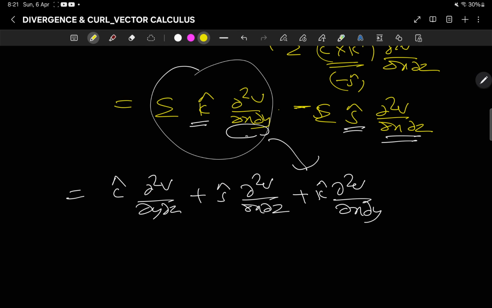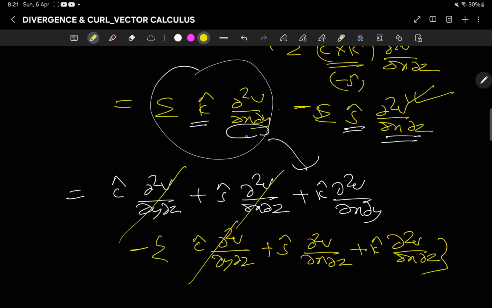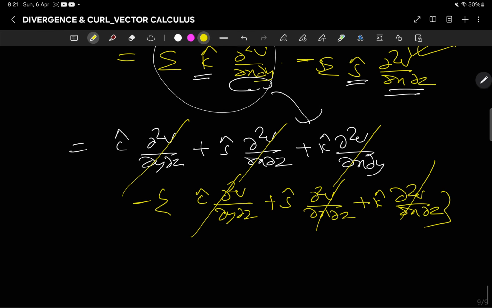Likewise for this you have minus of i cap del square v by, x is missing, del y del z, plus j cap del square v by, y is missing, del x del z, plus k, z is missing, del square v by del x del y. So pairwise they cancel, that is equal to 0.